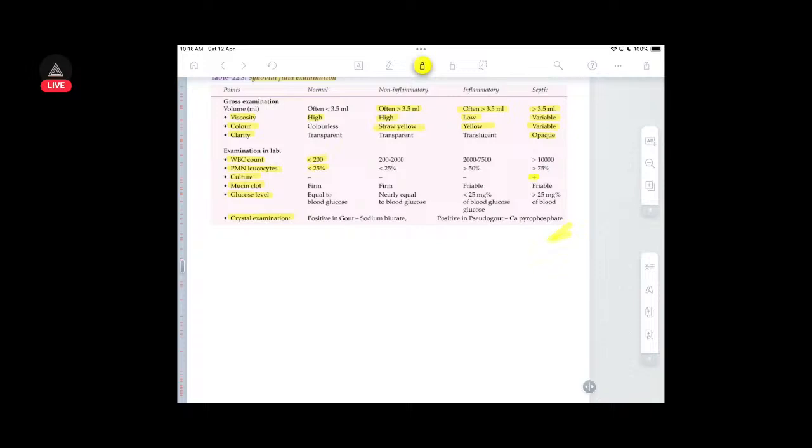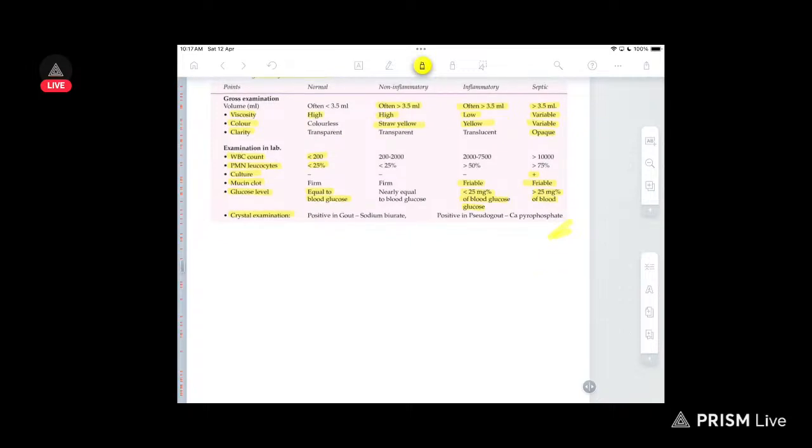Culture will be positive only in septic, and mucin clot will be friable in septic and inflammatory, firm in non-inflammatory and normal. Glucose level will be equal to blood normally, and it will be decreased by 25% in septic and inflammatory.